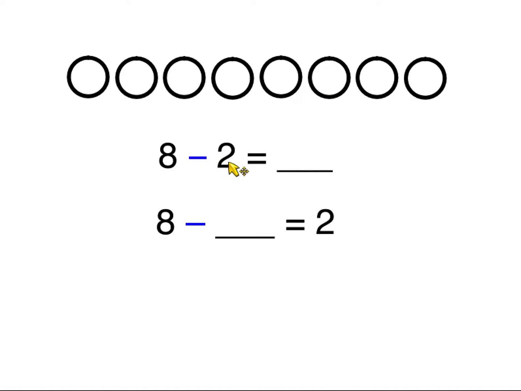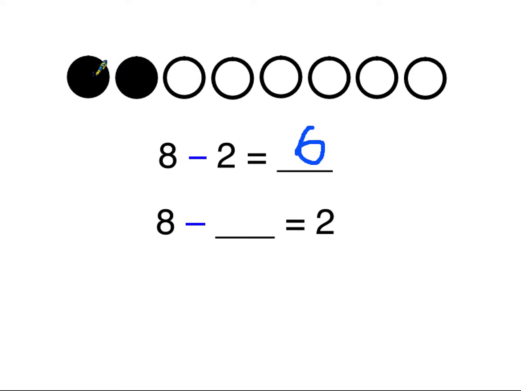So we could go 8 take away 2. All right, let's take away 2 equals 1, 2, 3, 4, 5, 6. So we could go, okay, 8 take away what number equals 2?